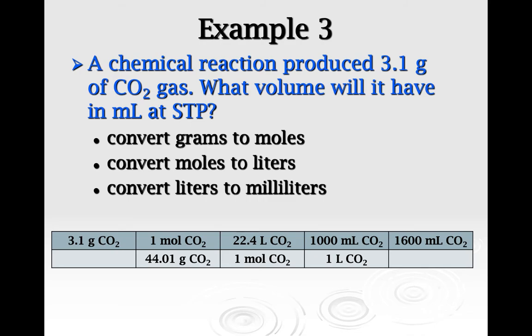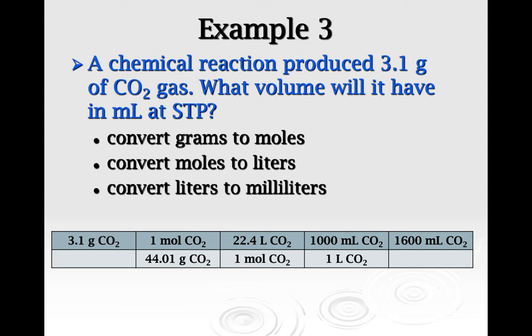Example 3. I have a chemical reaction that produces 3.1 grams of CO2. What volume will it have? So this is kind of going backwards from the previous problem. I have to convert grams of a gas into volume of a gas, and I want that volume to be in milliliters.